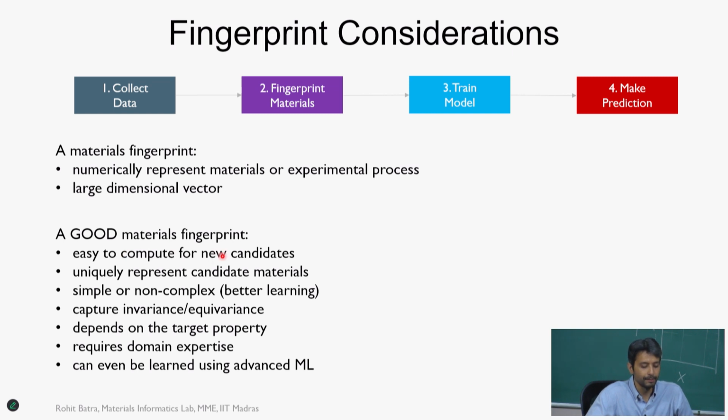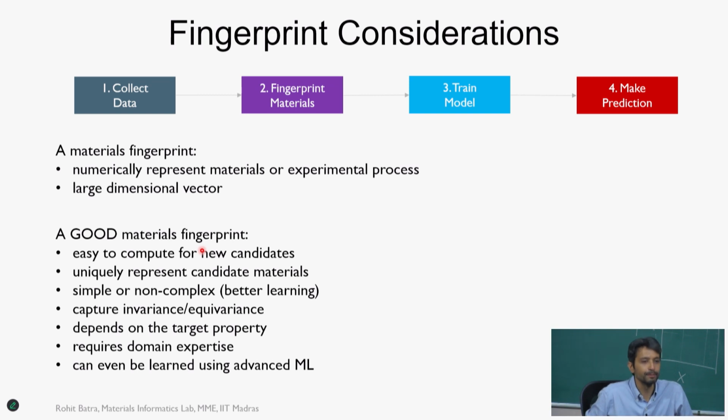say there is a fingerprint in which I need an XRD done on the sample. Say XRD is my numerical representation. I think Kamal also gave this example yesterday. So if I'm using XRD for a new material, if I have to go through this whole process of making the material, getting its XRD, it's a very expensive way to just come up with a new fingerprint, right?